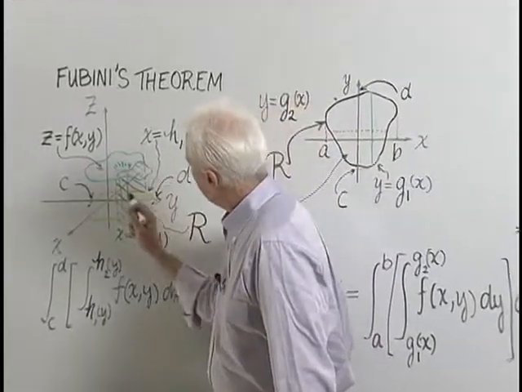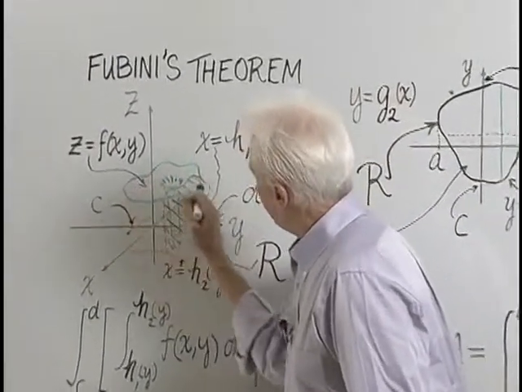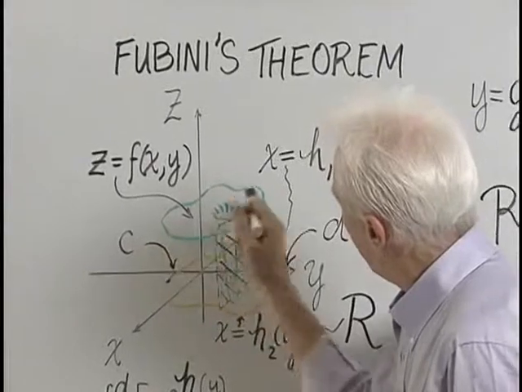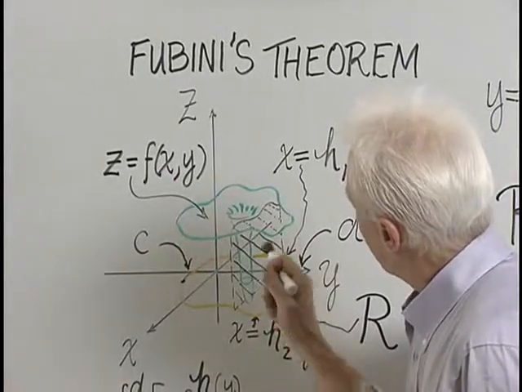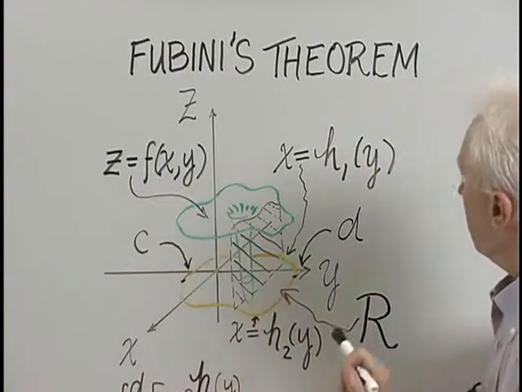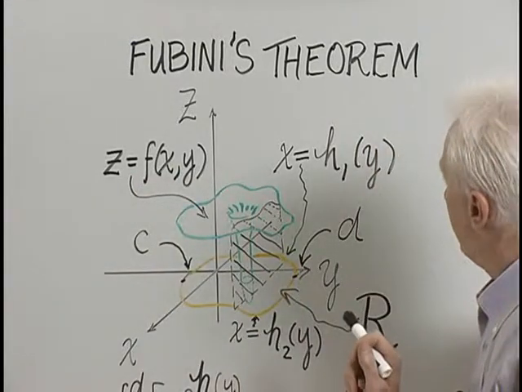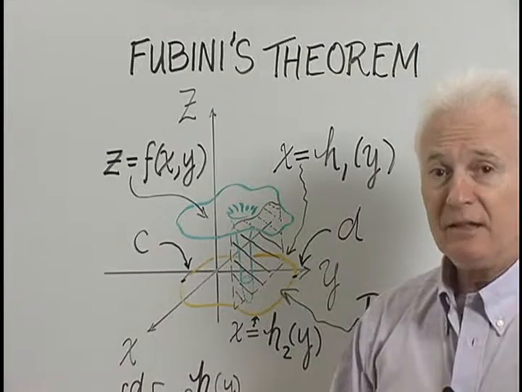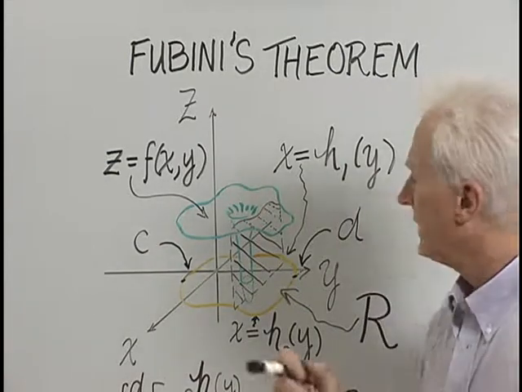Now in detail, here the blue-green curve is meant to represent a surface here, which is the graph of the function z equal f of x comma y. Now, in fact, that function need not be non-negative, and the double integral of the function still has meaning.